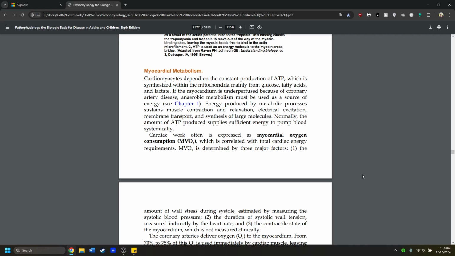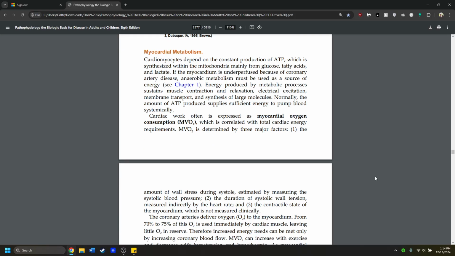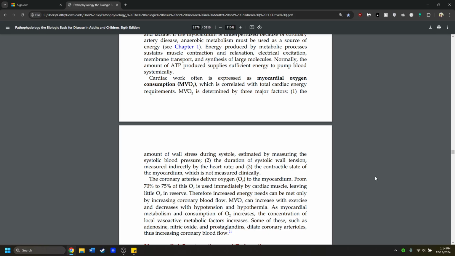Your MVO2 is determined by 3 factors: 1, the amount of wall stress during systole, estimated by measuring the systolic blood pressure; 2, the duration of systolic wall tension, measured indirectly by the heart rate; and 3, the contractile state of the myocardium, which is not measured clinically.